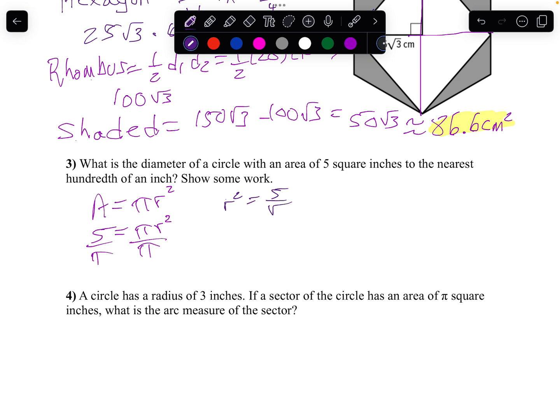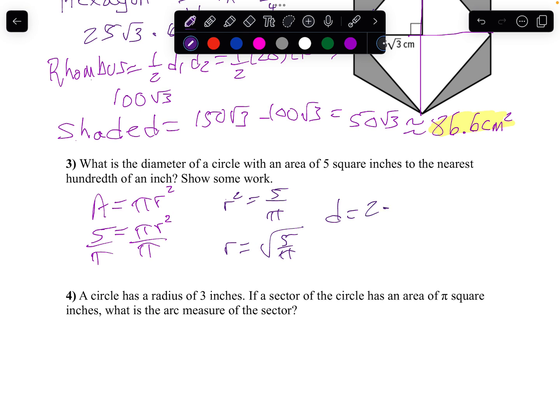Getting ahead of myself there. R is the square root of 5 over pi. I want to find the diameter, so I'm going to double that.